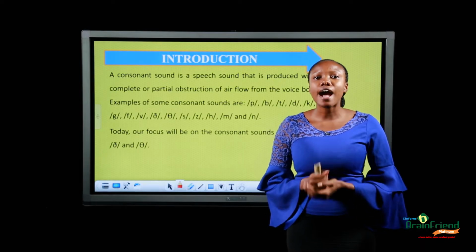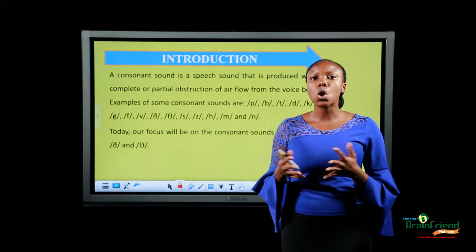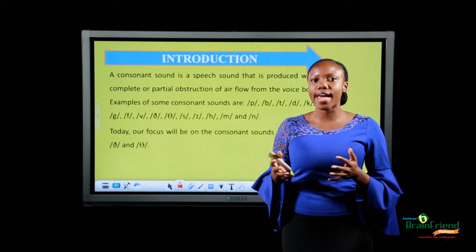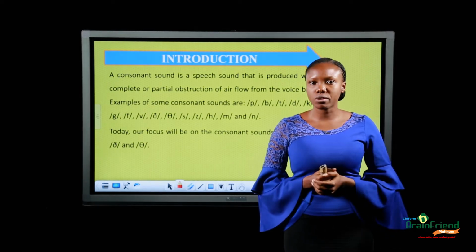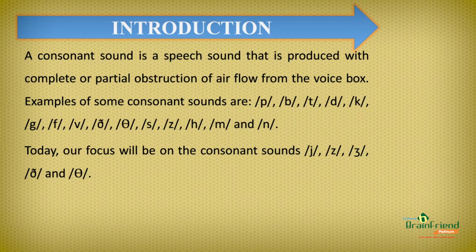Consonant sounds are speech sounds that are produced with partial or complete obstruction of air from the voice box. Let's take a look at some examples of consonant sounds. We have p, b, t, d, k, g, f, v, th, th, s, z, h, and n.